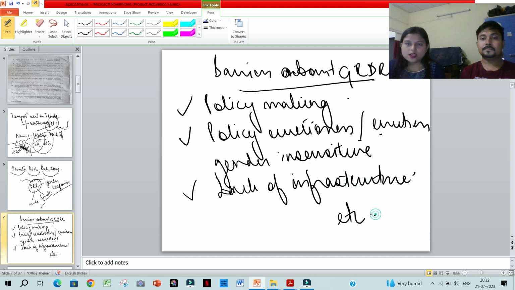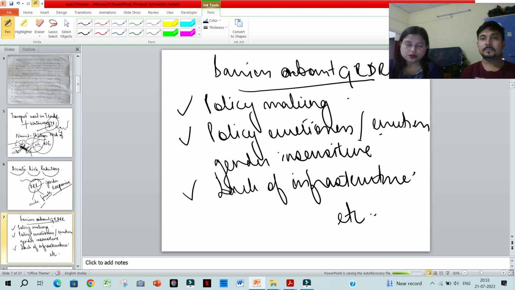Etcetera. As you keep thinking, the gender responsive concept has come into policy making only now in India. If we go even deeper, most of the policy makers have been men historically, so somewhere the gender issue got sidetracked. Gender responsive disaster risk reduction is a new concept.